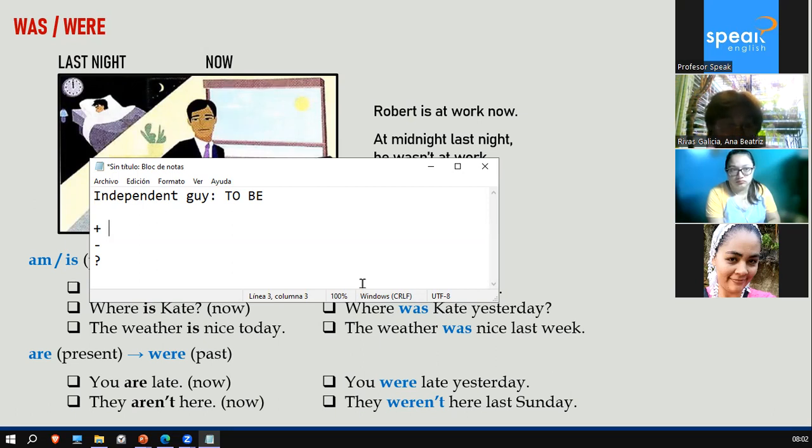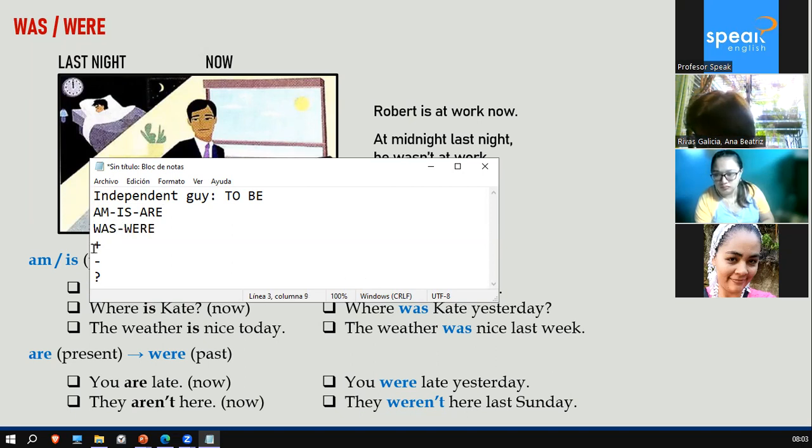Now, with the verb be, we have three different forms in present simple: am, is, and are. But in simple past, it's even easier because we just have two, and that is was and were. So here we're going to have the same thing.